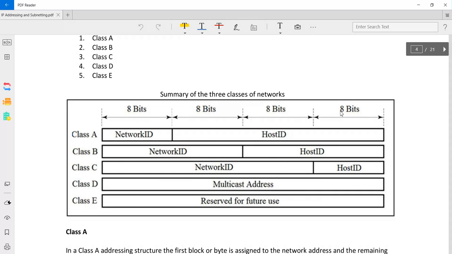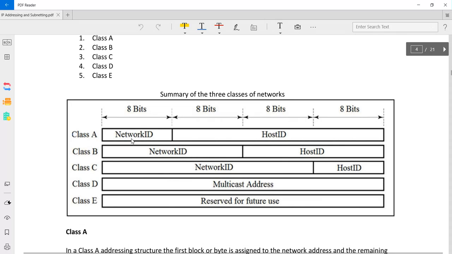So it is 4 parts of 8 bits. When you see these IP addresses, they are actually divided into 2 parts, that means one part is the network part and the other part is called the host part. That means network ID and host ID.